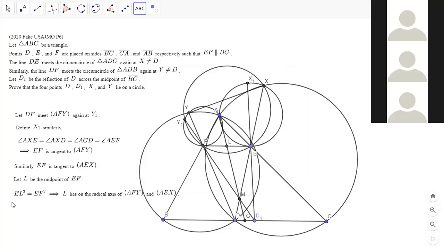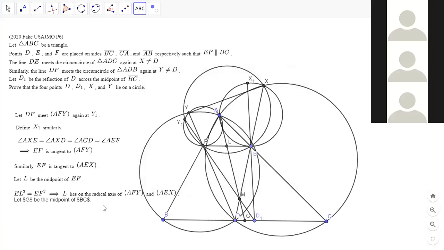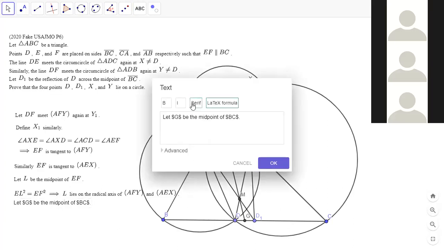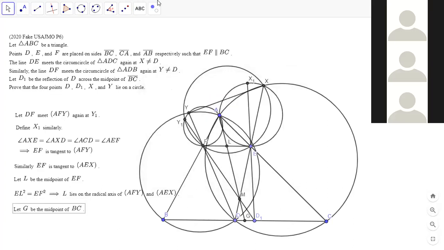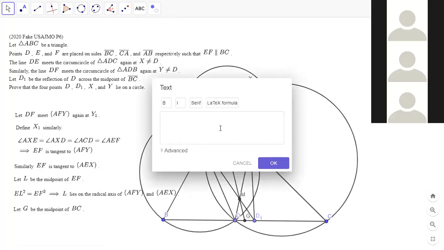So let M be the midpoint of BC. Actually, let G be the midpoint of BC. I'll just say if you extend DF, I'm going to try to do this quickly here, but D1F, DE, and AL concur.